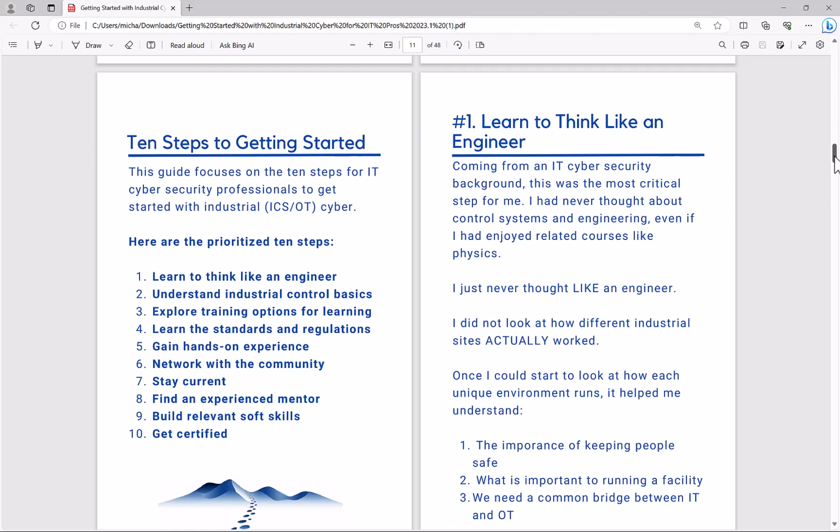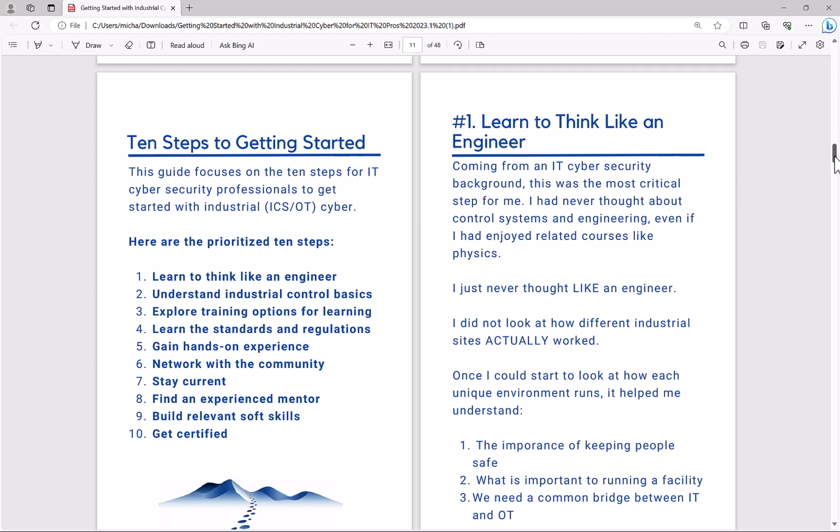One of them is you need to be able to understand how the different facilities are designed, the physics of the plant. And I love physics. I hated other sciences like chemistry, but I loved physics. So it's also a lot of fun for me from that perspective, especially when going into new environments.